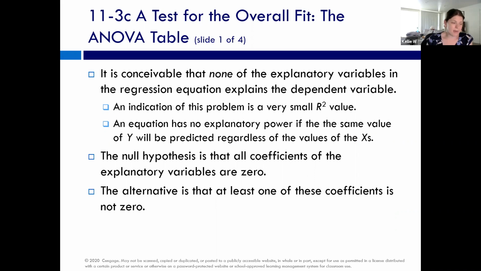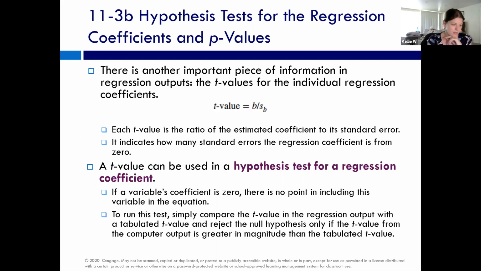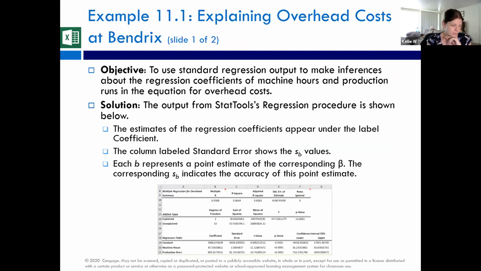So the null hypothesis for the whole equation is that the coefficients for all of the explanatory variables are 0, meaning in this equation that this is actually 0 and not 43.5 times the number of machine hours. It would just be 0 times machine hours, which means machine hours becomes irrelevant. And then same thing for production runs.